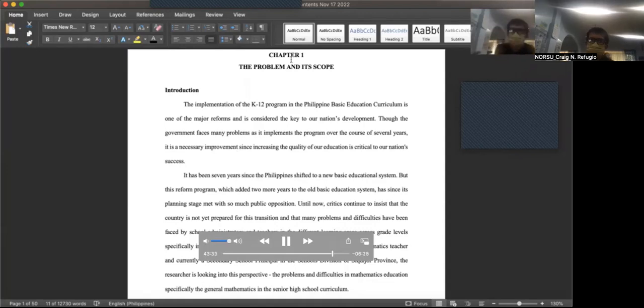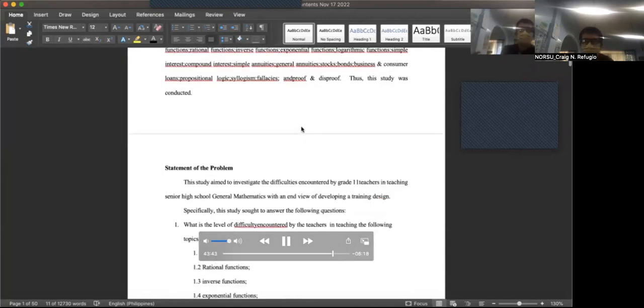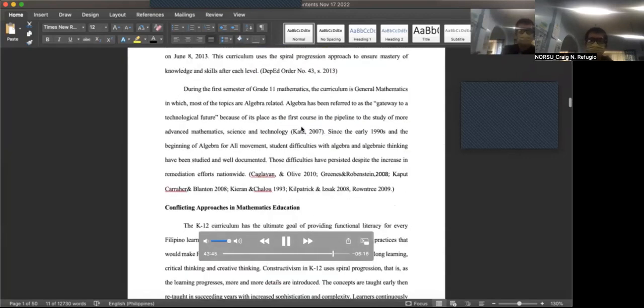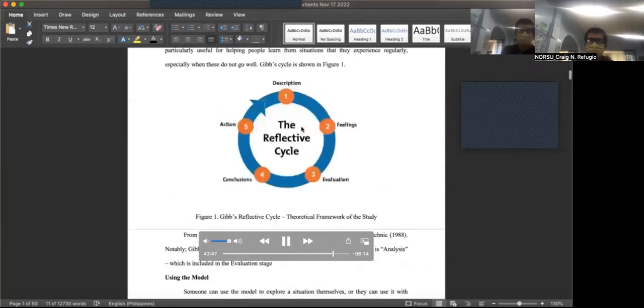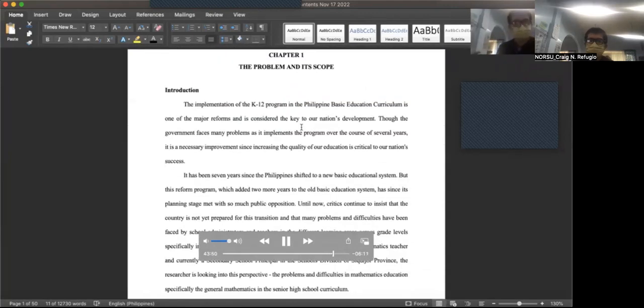So chapter 1, in this format, the one that you see on the screen, will begin on the third page. Chapter 1, the problem and its scope, then follow all the sequencing of the different parts of chapter 1 based on the sample model. Is that clear? Yes, sir.